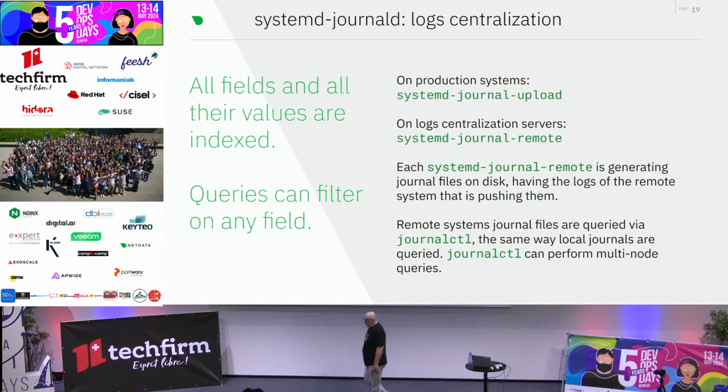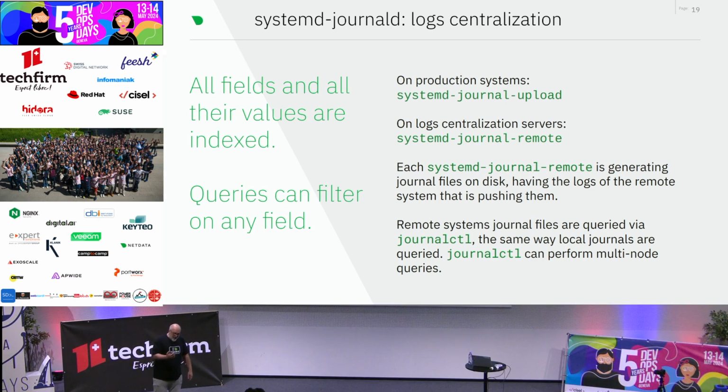So this is how you build centralization points. You run on the edge systemd-journal-upload. You run on a centralization point systemd-journal-remote. What happens? The upload part streams the logs in real time to the centralization point, which creates journal files. Every, I don't know, 5, 10, 20, 100 megabytes, depending on the configuration, it will generate a new journal file.